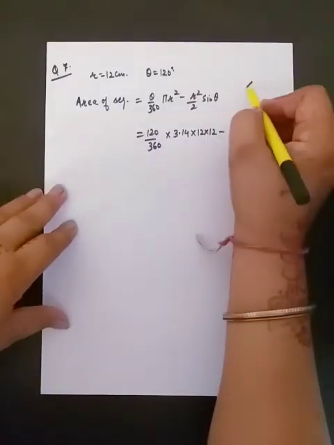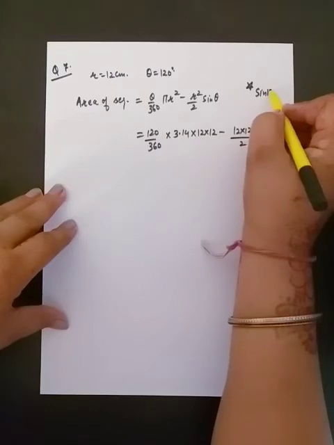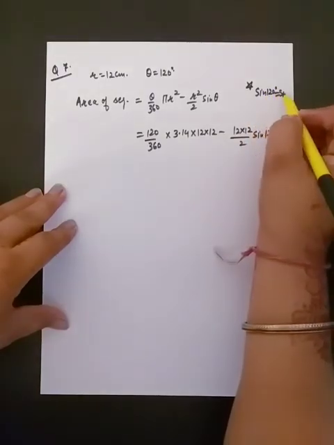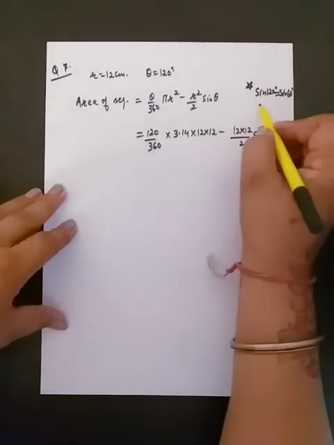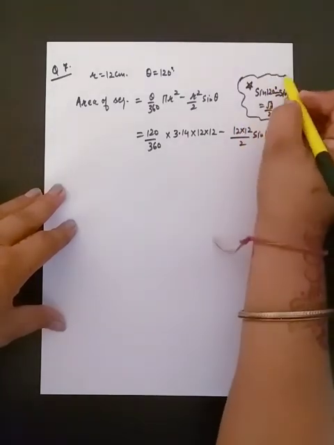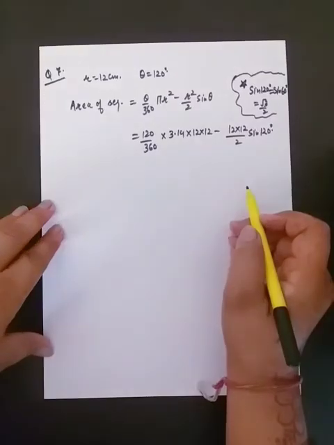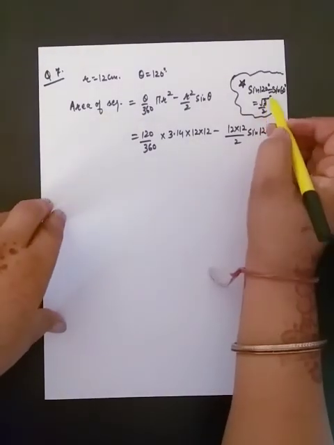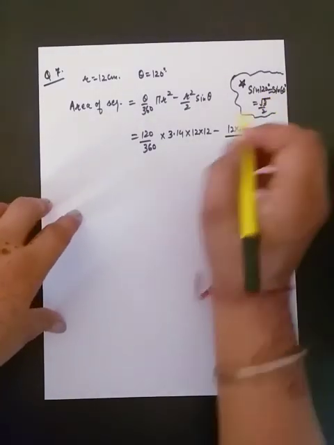Students, you will remember that sin 120 degree is equal to sin 60 degree. So its value will be under root 3 by 2. This year this question is deducted, but you can memorize that sin 120 is equal to sin 60 degree.